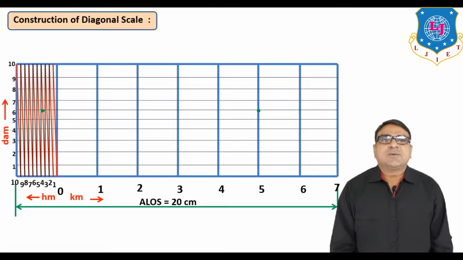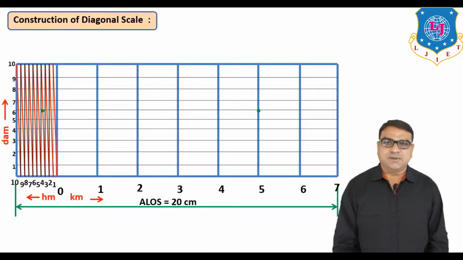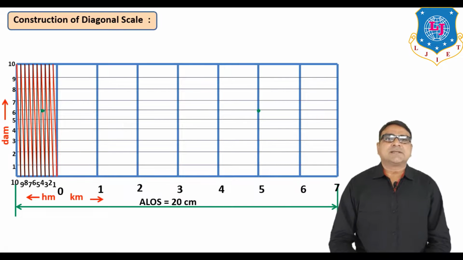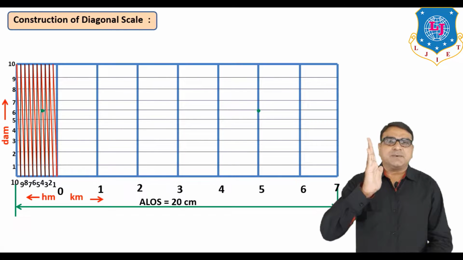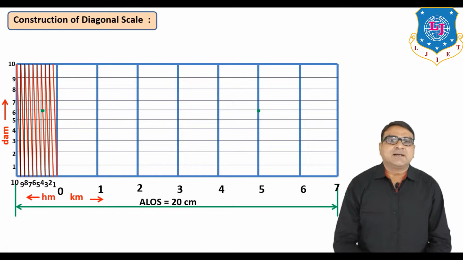Now, in this problem, we have to indicate 5.36 kilometer. So 5.36 kilometer means 5 kilometer plus 3 hectometers plus 6 decameters. So on the red line from 3 hectometer, we have to pick up a horizontal from 6 decameter and incline from 3. The green dots represent the exact dimension 5.36 kilometer.